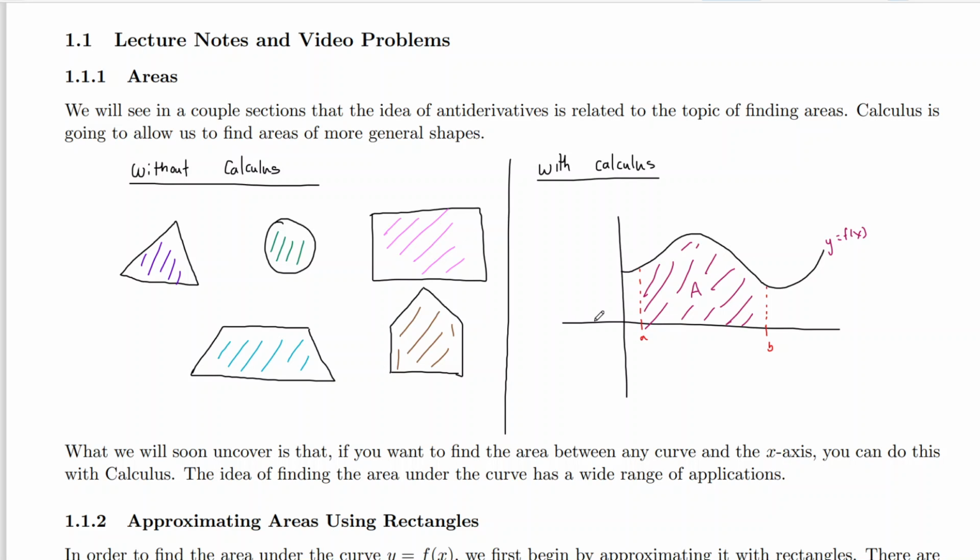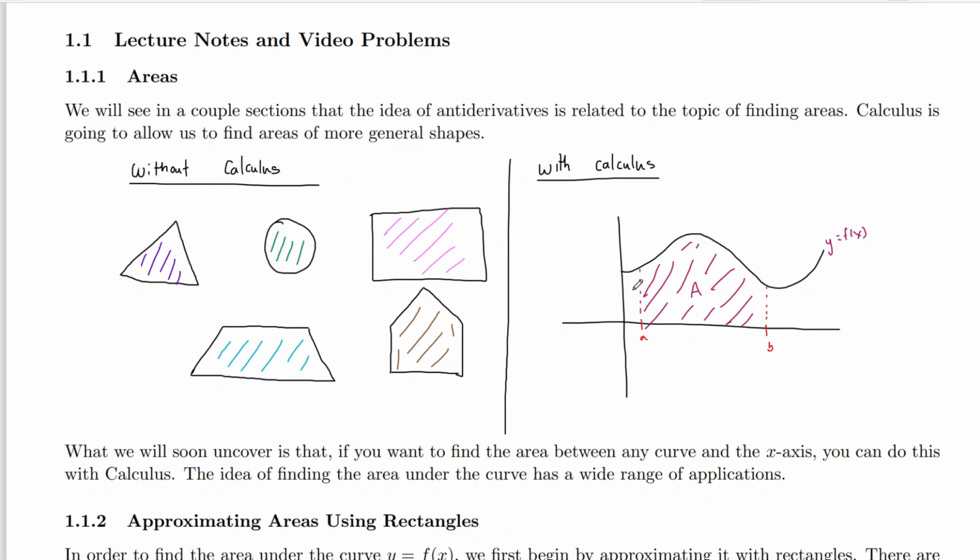Well, with calculus, it's going to allow us to say, hey, we have a function graph, and for some reason, I want to find the area between the function graph and the x-axis. So that's why this area here is stopping at the x-axis and going up to the function. It sort of makes this random shape, and I want to cut off at some x values a and b.